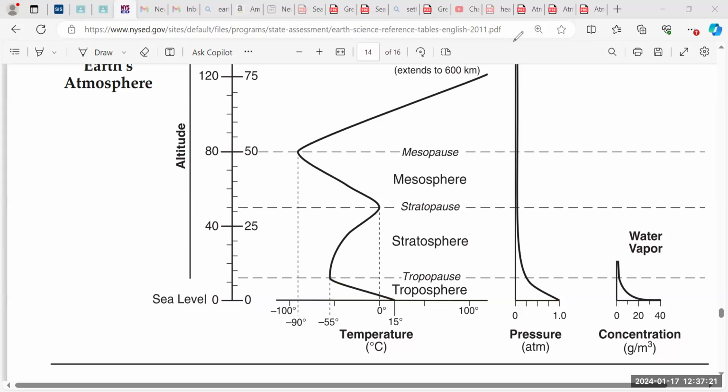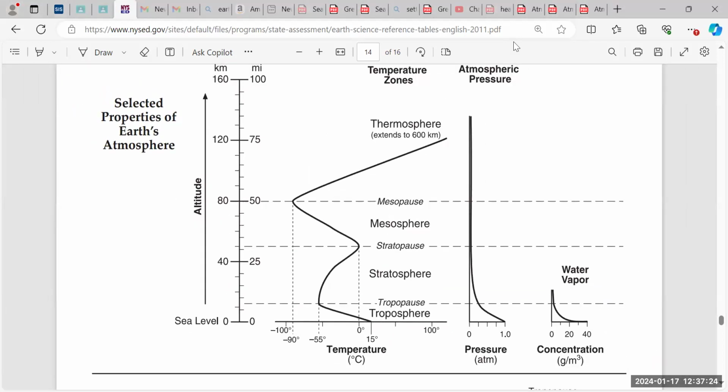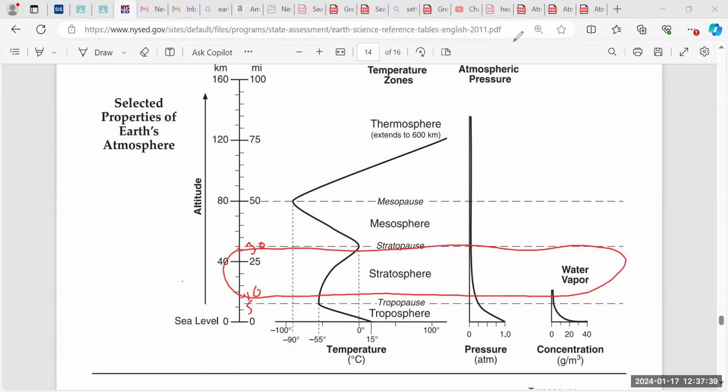When you look in the miles section, I'm looking at 10 miles, right? If each line goes by 5, 10 miles is here, 30 miles is here. So from 10 to 30 covers this layer, okay? And you see the words temperature zones of the Earth's atmosphere is just describing the layer of the atmosphere. And so what is the temperature zone? What's the name of this temperature zone? It is the stratosphere. All right, so the correct answer for number 6 is the stratosphere.